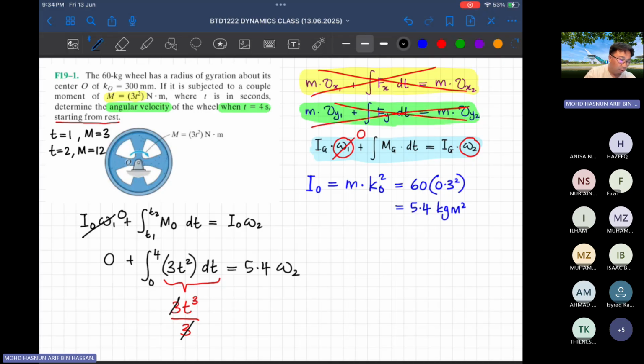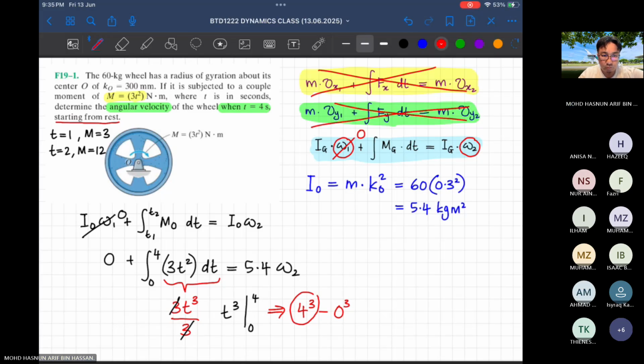What you have is t to the power of 3, with the time from 0 to 4. So you put 4 in the formula first. This will be equal to 4 cubed minus 0 cubed. First you put 4 in t and then you put 0 in t. 0 cubed is equal to 0, so what we get is 4 cubed. What is 4 to the power of 3?